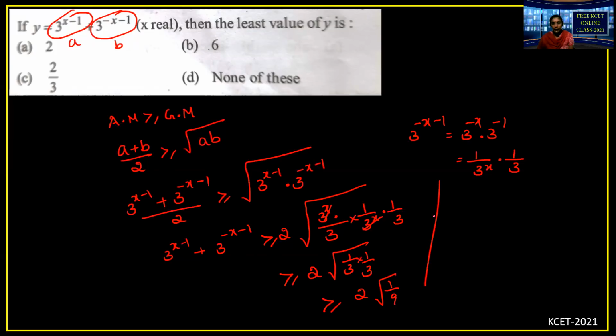So that is given by 3 power x minus 1 plus 3 power minus x minus 1 is greater than or is equal to twice square root of 1 by 9, which is 1 by 3. So the least value of y is 2 by 3. Least value of the given function y is 2 by 3.